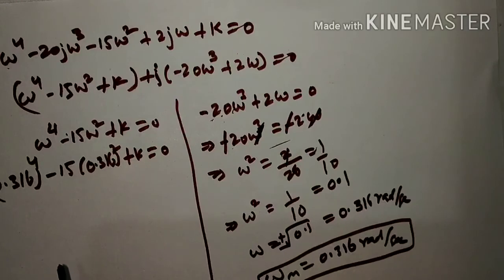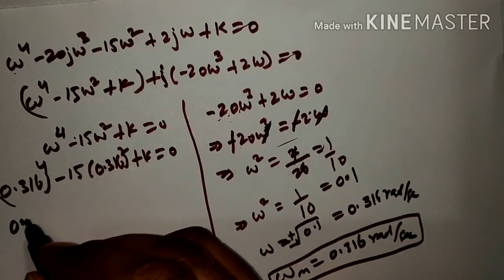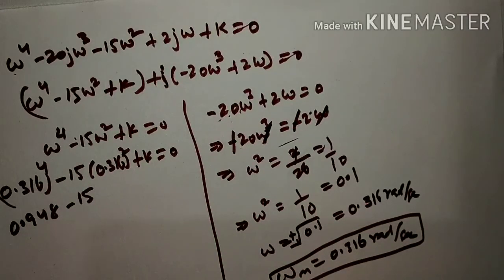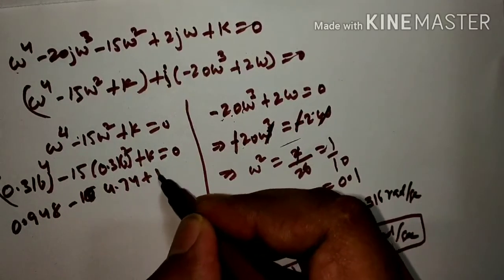So we compute 0.316 into 3, that is 0.948, minus 15 into 0.316, that gives 4.74, plus K equal to 0.